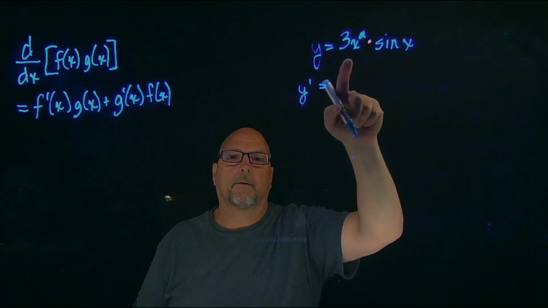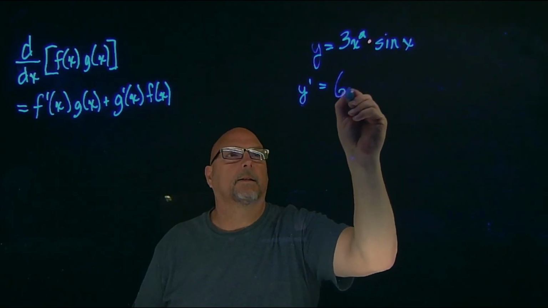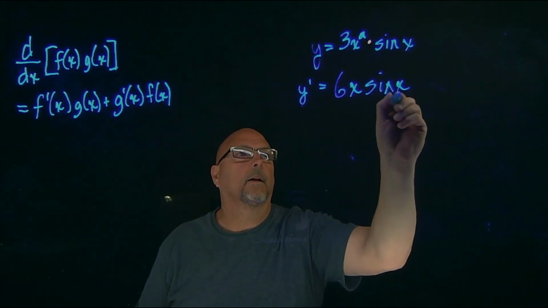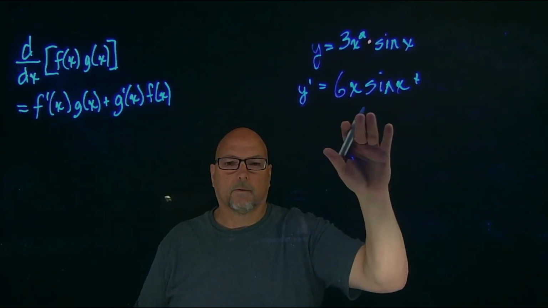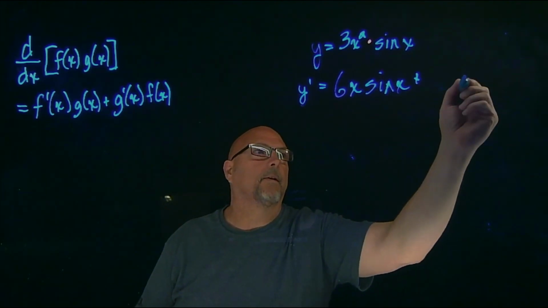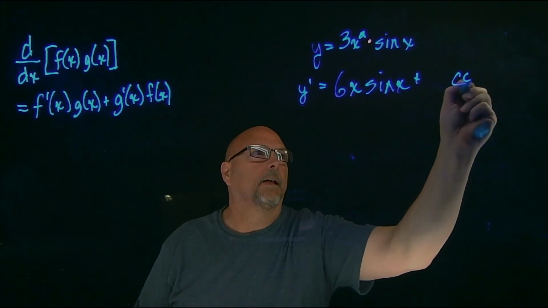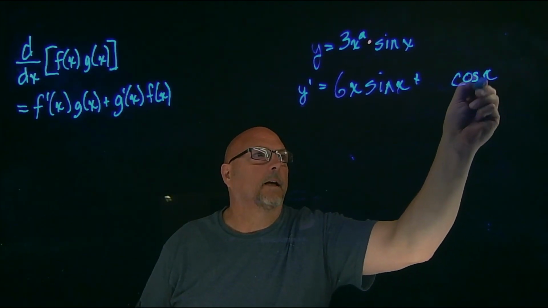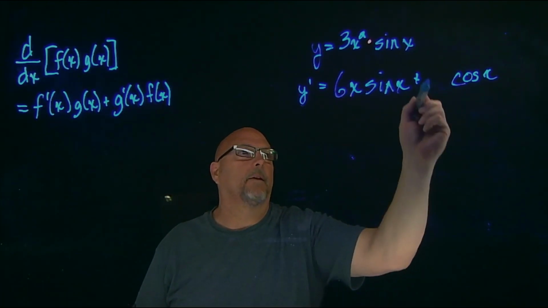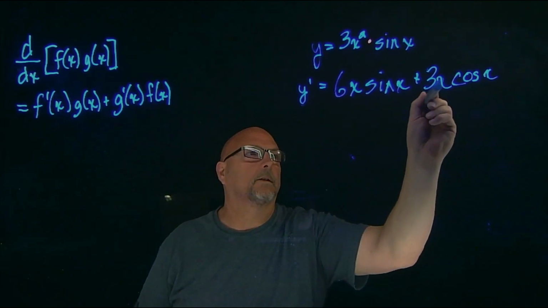The derivative of the first ends up being 6x times the second plus the derivative of the second, which is sine of x. So we know the derivative of the sine of x is the cosine of x. And then I would have just to multiply by the first, which is 3x squared.